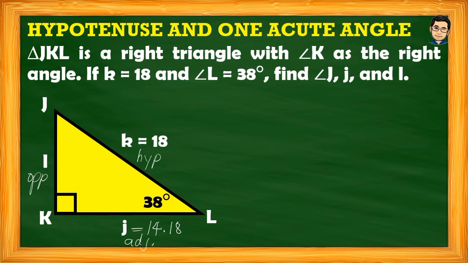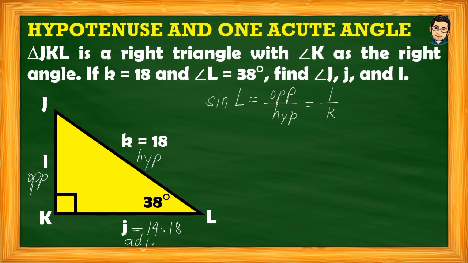So, given talaga dito is yung hypotenuse, and then hahanapin natin opposite. So, opposite and then hypotenuse, ang gagamitin nating trigonometric ratio is sine, kasi O over H. So, magiging sine L is equal to opposite over hypotenuse. So, using letters, L over K.